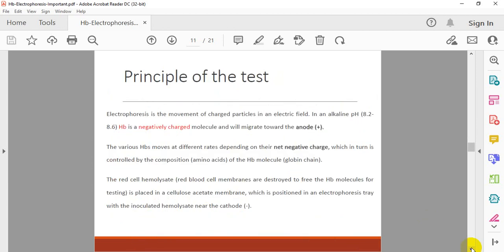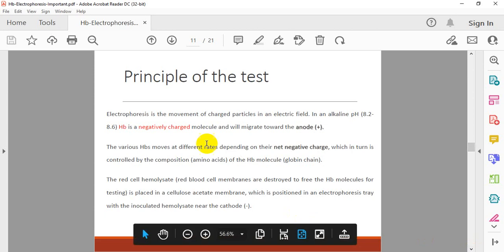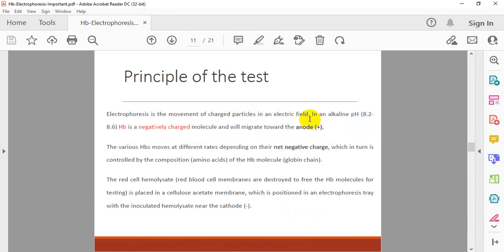What's the principle behind electrophoresis? Electrophoresis is the movement of charged particles, like what I showed you in the previous lecture, in an electric field. In an alkaline pH, Hb is a negatively charged molecule and will migrate toward the positive anode.